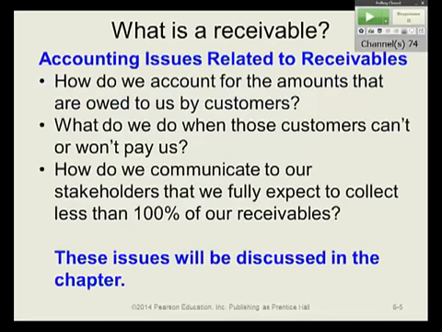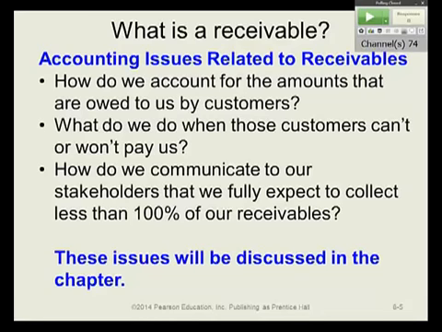So the accounting issues that are related to receivables are, we know that you're not going to collect the full amount. What we need to be sure that we do is properly value the receivables and properly determine the amount of the cost of selling on credit. So the two things, again, that you have to think about when you deal with receivables.